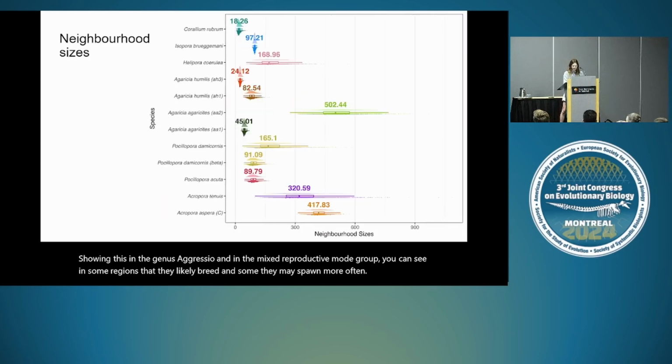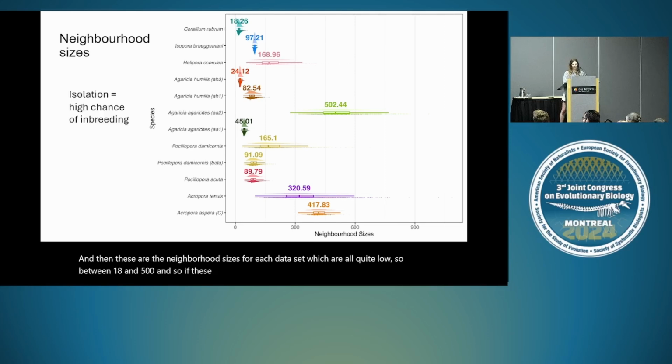These are the neighbourhood sizes for each dataset, which are all quite low, between 18 and 500. If these populations are or become isolated with these lower neighbourhoods, it could lead to inbreeding.